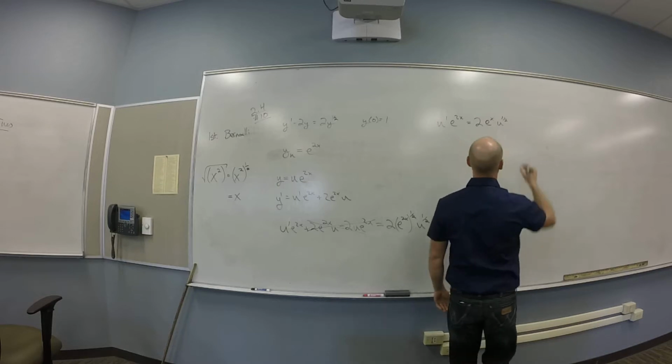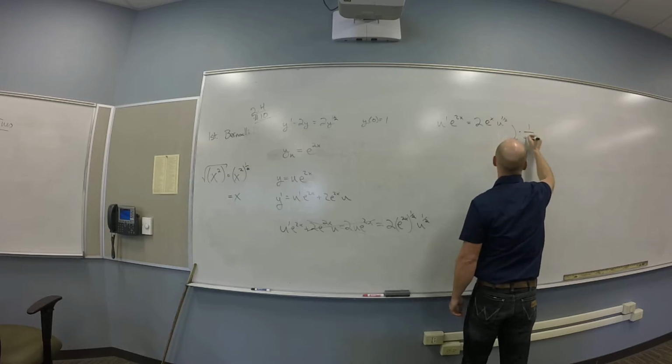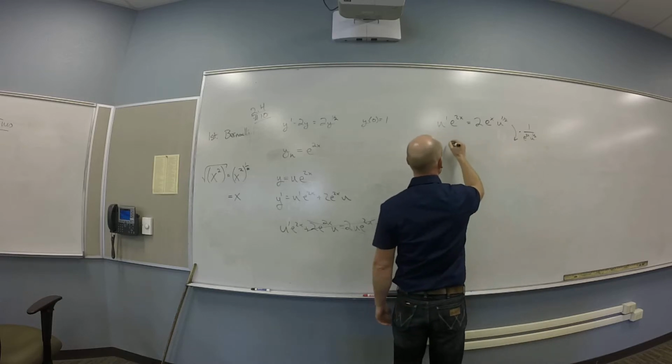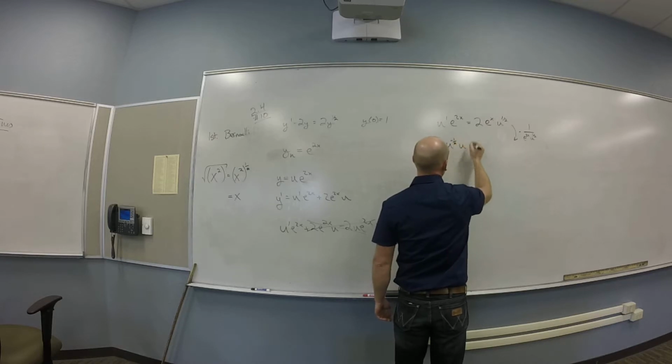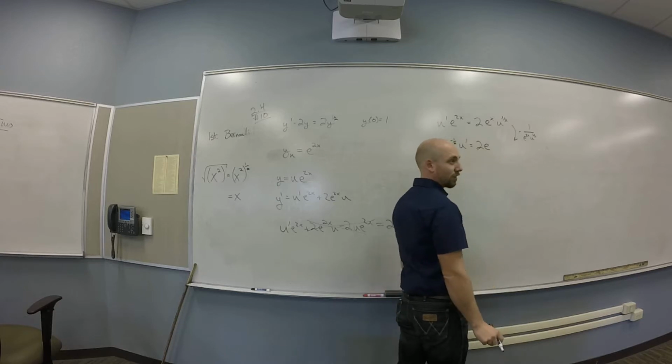Separate the variables. Okay, so I should multiply everything by 1 over e to the 2x u to the 1/2 power. Okay, so I got u to the minus 1/2 power u prime is 2e to the negative x, sorry.